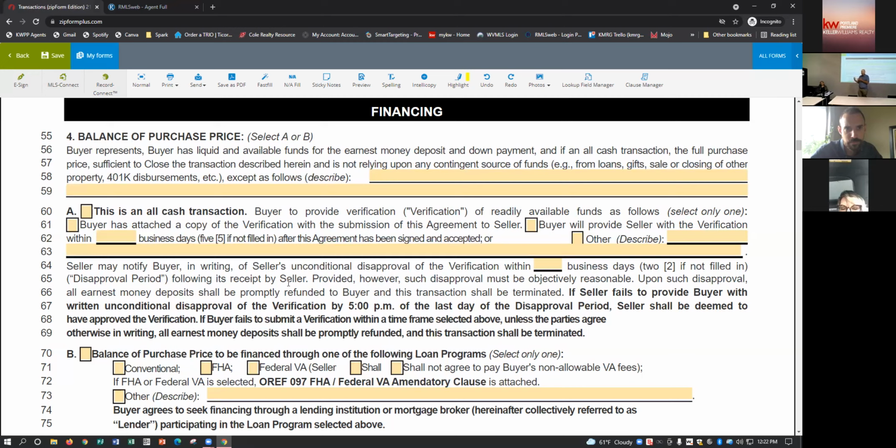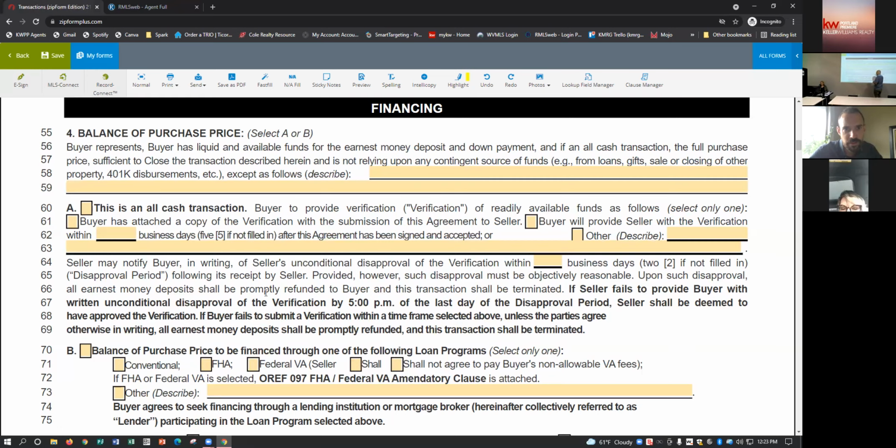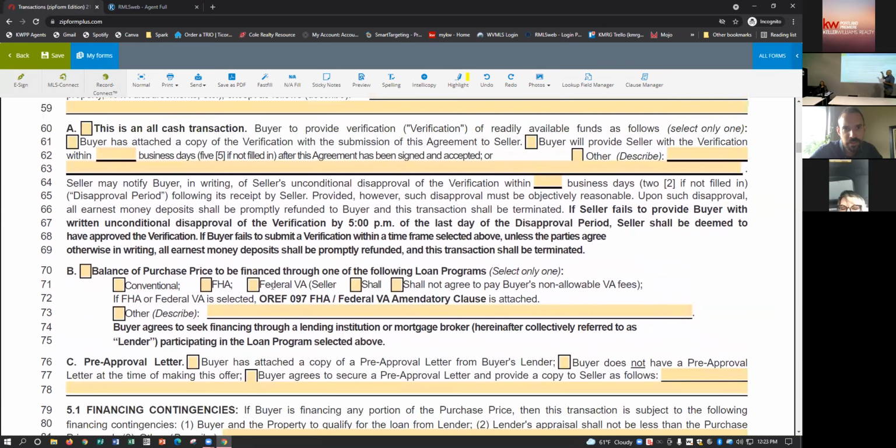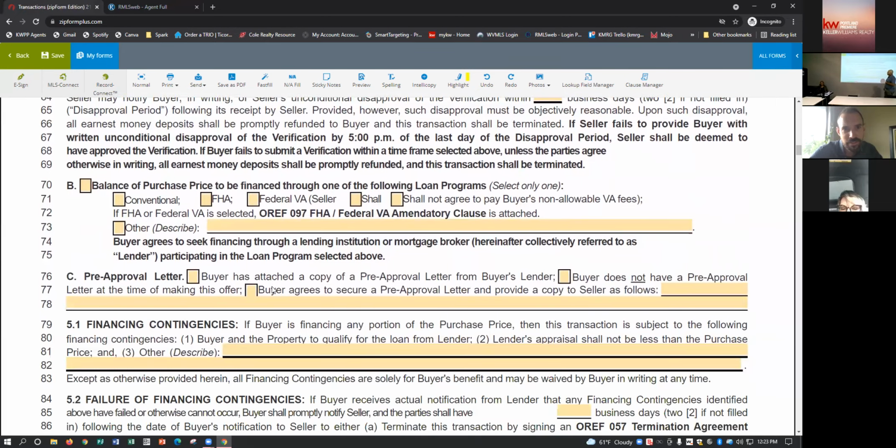There could be an argument made that they weren't objectively reasonable because you didn't have them at the time they accepted the offer. But if you have them at the time they accept the offer, I think a seller would have a really, really hard time claiming that they weren't reasonable. All right, spent too much time on that, but my point is get your stuff together. But it's important to spend time on the couple things that are really important.